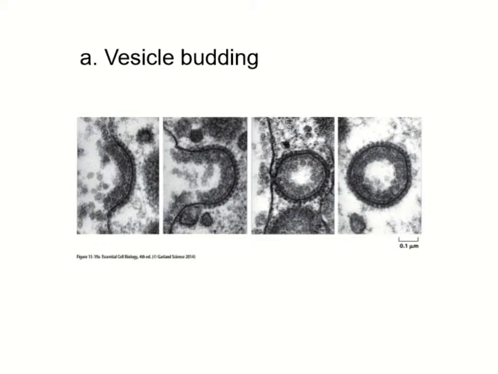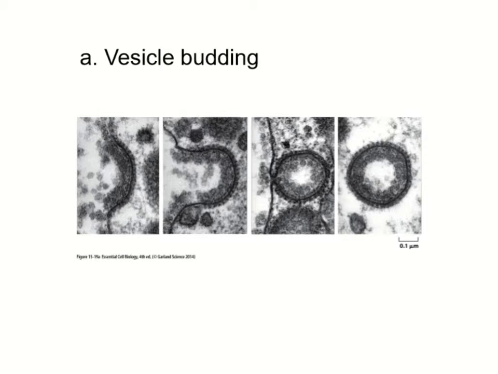There's one molecule called clathrin we're going to look at that forms kind of a basket around vesicles and helps them actually form. So here in this set of pictures, you can see a budding vesicle.